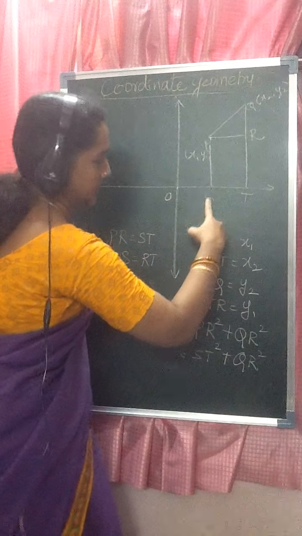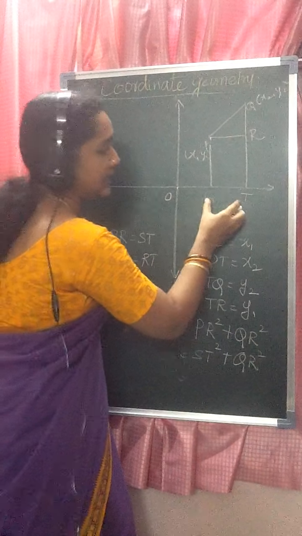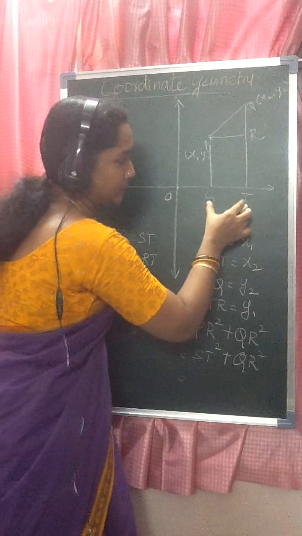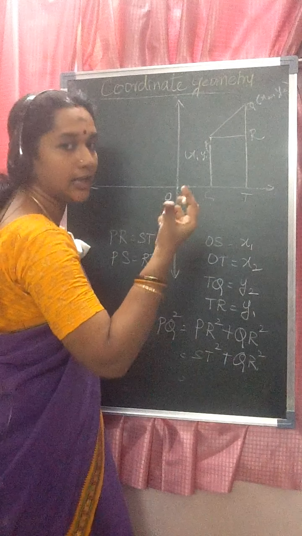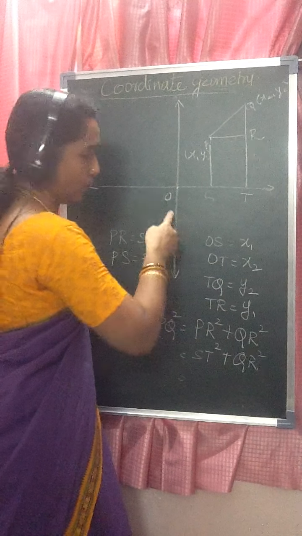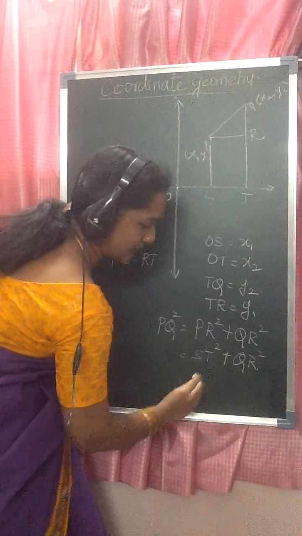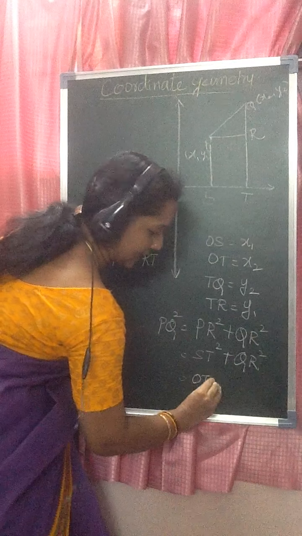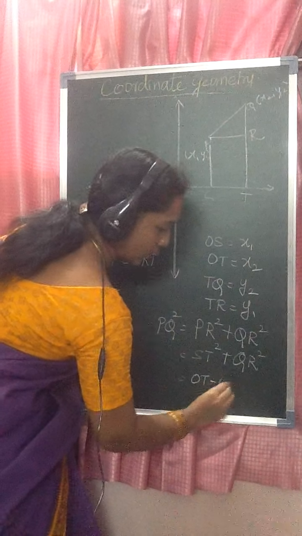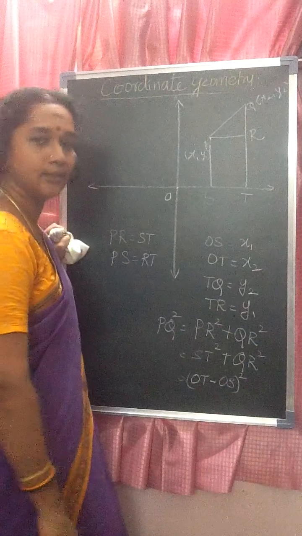Instead of ST, I need the measurement of ST, but I don't know the measurement of this one. So, known to unknown: OT distance I know. I am replacing ST with OT minus OS, and since it is squared, it is OT minus OS the whole square.